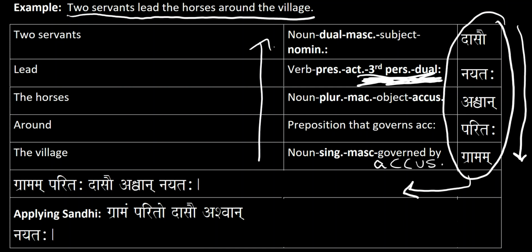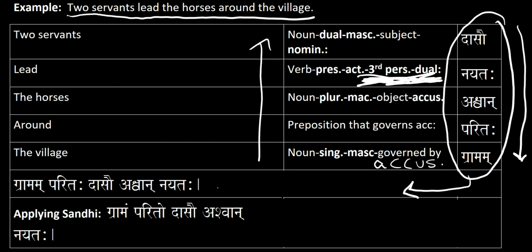You can jumble them around however you want, because once your words are conjugated and declined correctly, the order doesn't matter. The only thing that's going to matter after this is your sandhi rule. So remember, I put it in the order gramam paritaha daso ashwan nayataha.